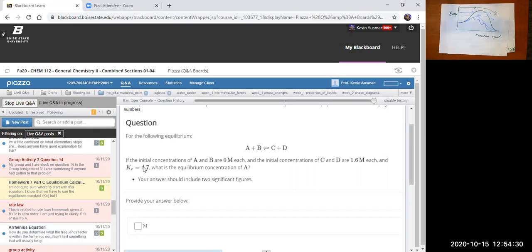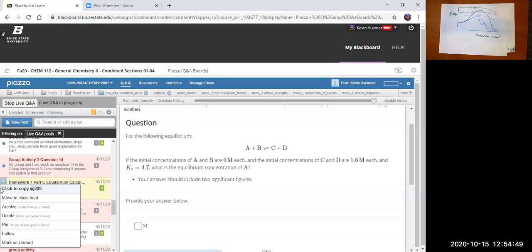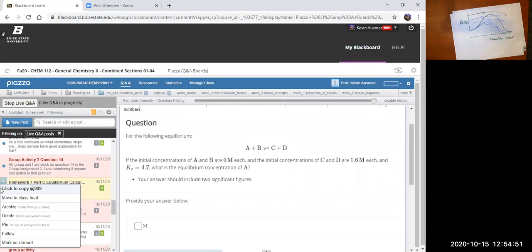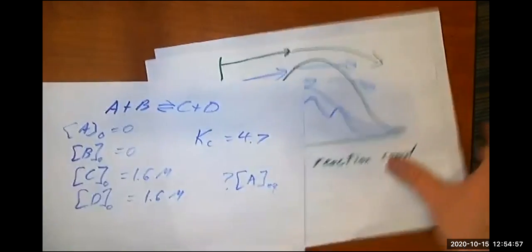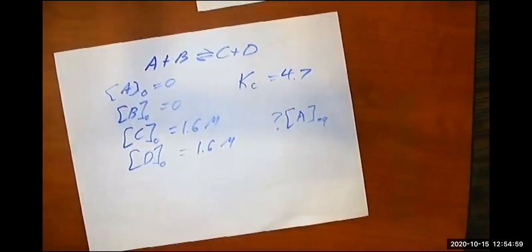Initial concentration of D is 1.6 molar, and our Kc equals 4.7. And so we want to know the equilibrium concentration of A. So, that is the problem statement.